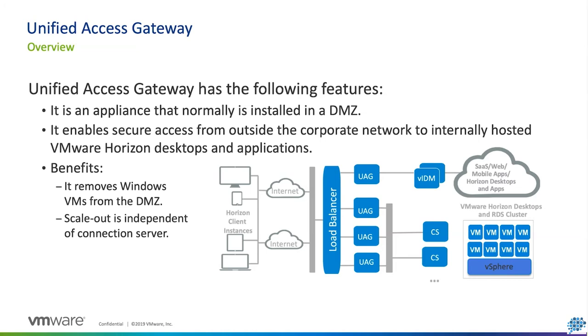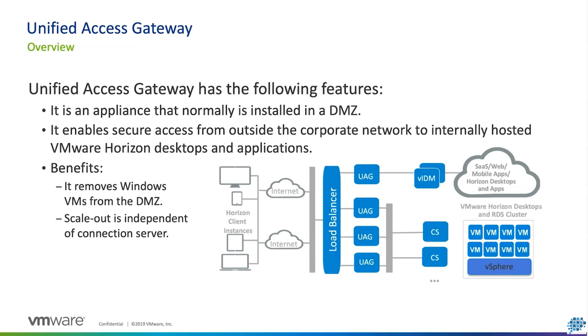So we can place multiple UAGs in the DMZ and connect them to a load balancer that is in front of the connection servers. And that whole configuration makes it much more easily scalable how we design our management block.